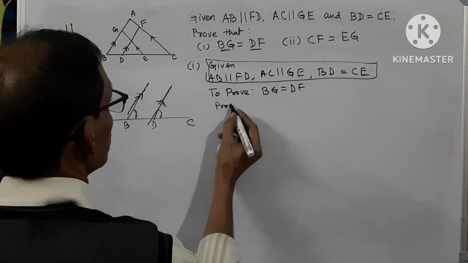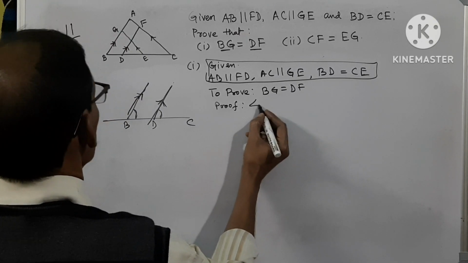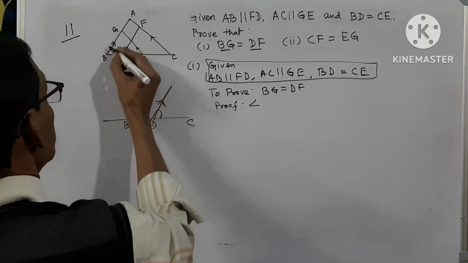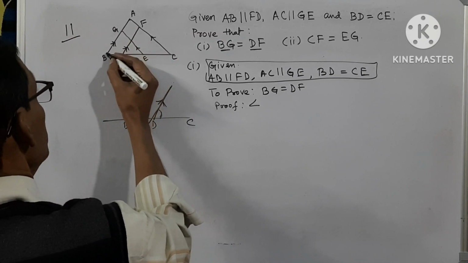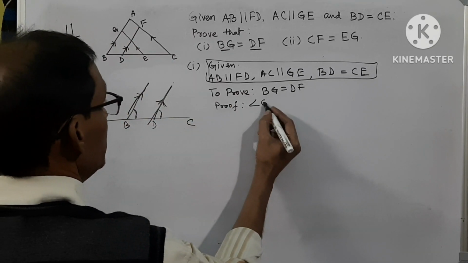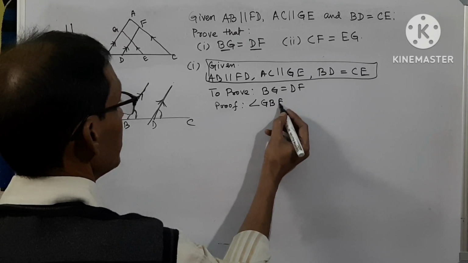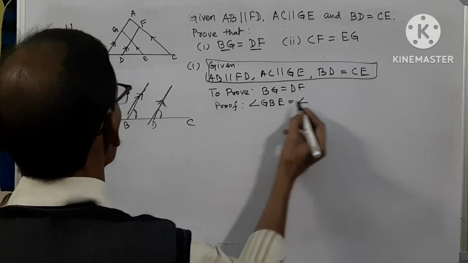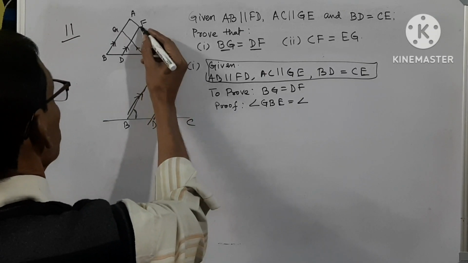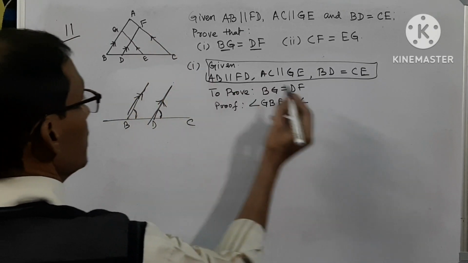Proof: in this triangle you can write angle GBE equal to angle FDC.